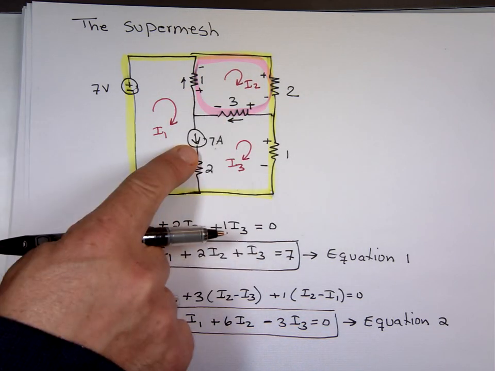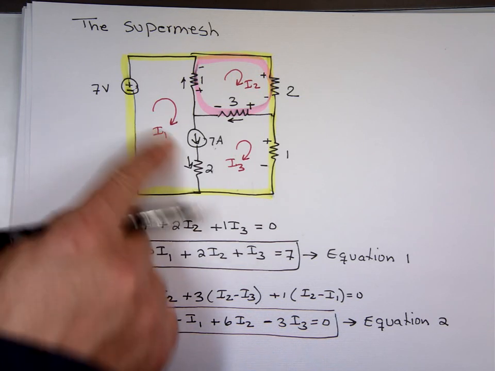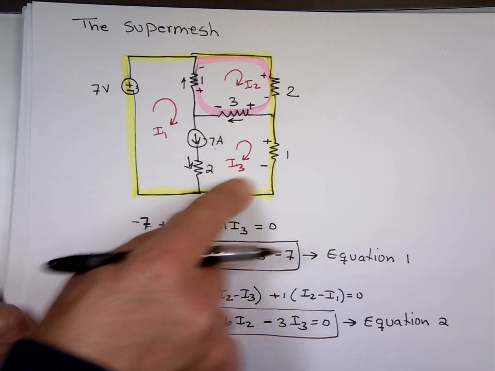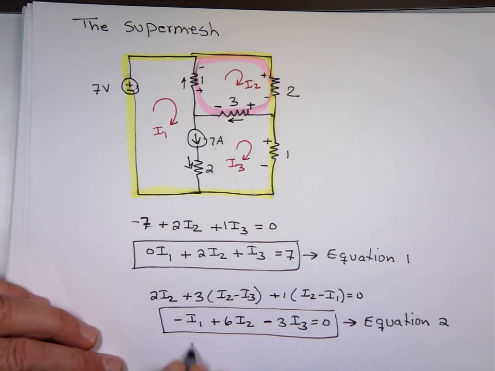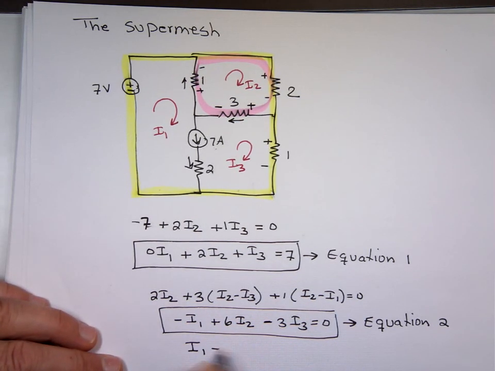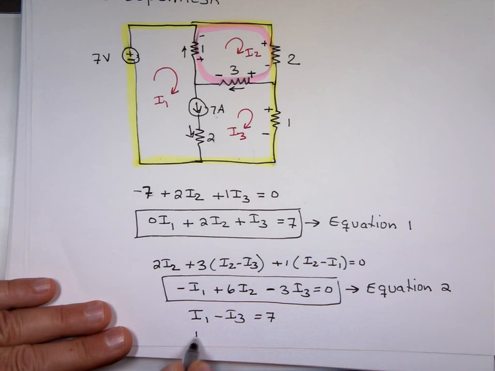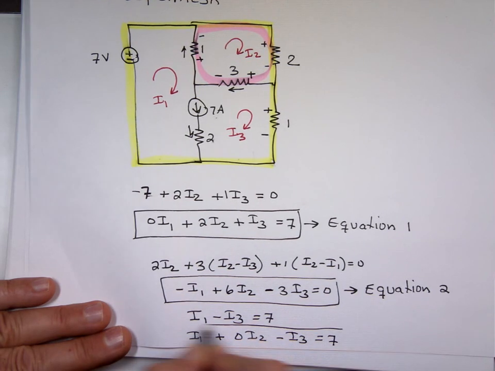Isn't that 1 minus 3? Yeah. 1 is pushing down, 3 is pushing up. The difference between them is the current down. So I sub 1 minus I sub 3 is equal to 7. To write that with 3 variables, that'll be I sub 1 plus 0 I sub 2 minus I sub 3 is equal to 7, and that is my third equation.